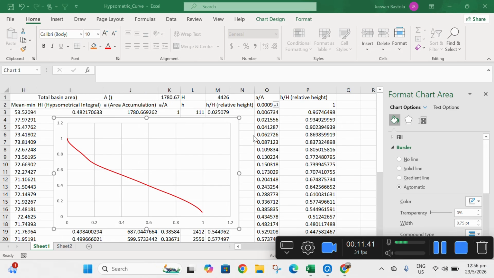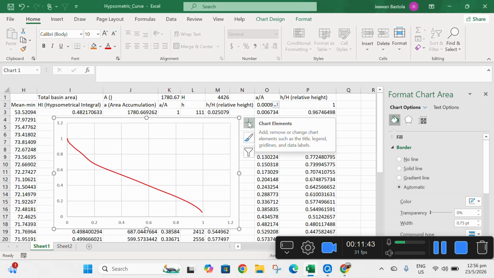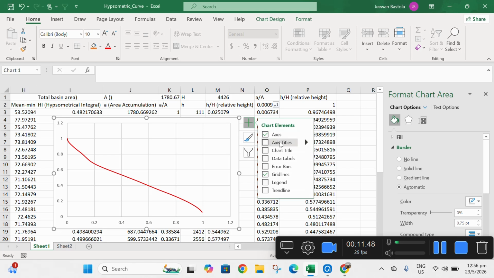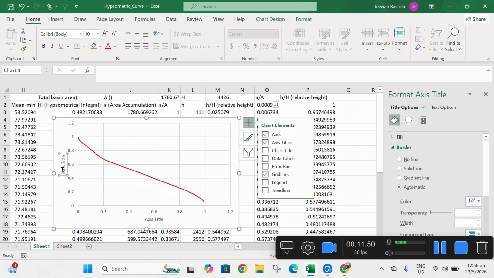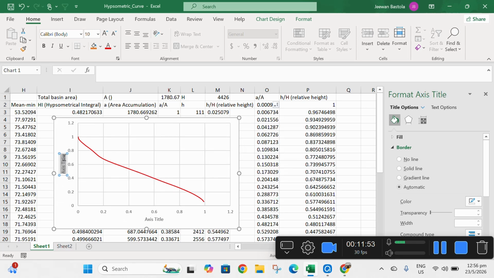Then you can add the axis title. So out here it will be relative height, and then here it will be relative area, and the rest of the things you can edit.